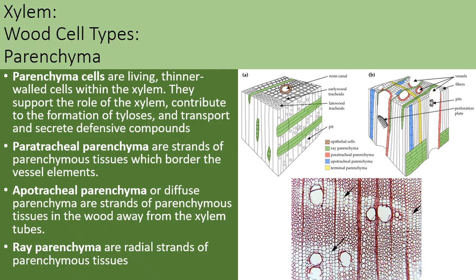There are a couple different kinds. Paratracheal parenchyma are the strands of parenchymal tissue that are right around the fibers. If we look at this microscope image at the bottom, we can see our vessel elements, which are very, very large. And we can see that our vessel elements are surrounded by these thinner walled groups of cells, and that is our paratracheal parenchyma.